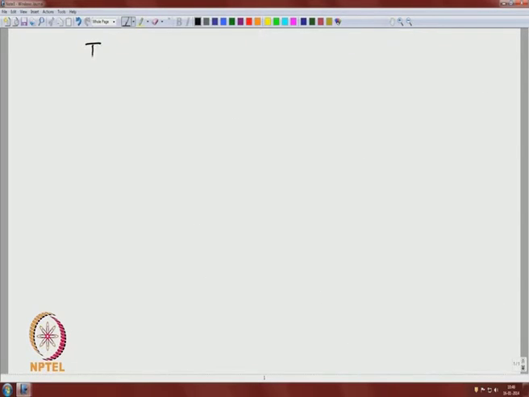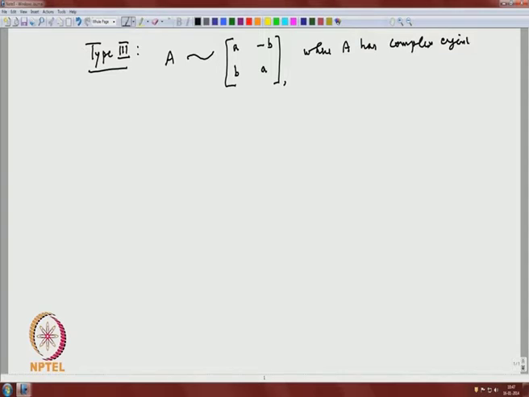So, the type 3, this is the case. In this case, A will be linearly equivalent to the matrix (a, -b; b, a), where A has complex eigenvalues, lambda equal to a plus ib, and the other eigenvalue lambda bar equal to a minus ib.